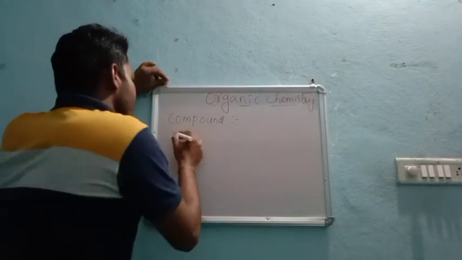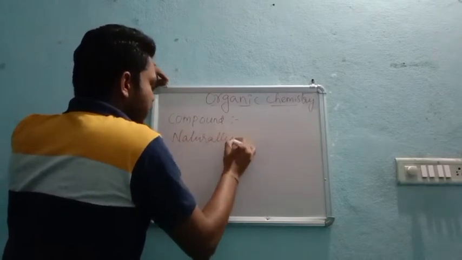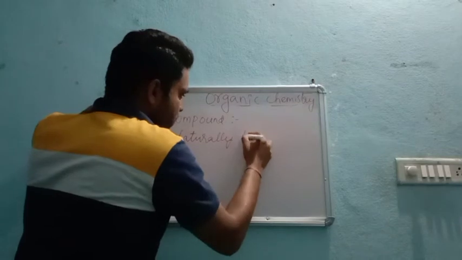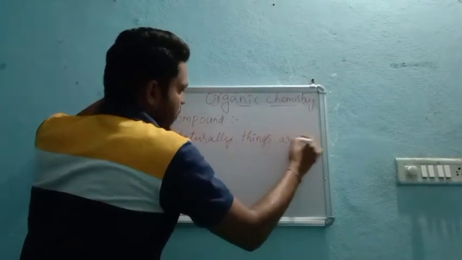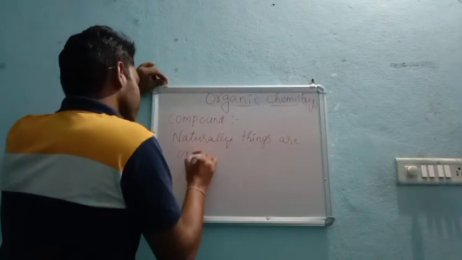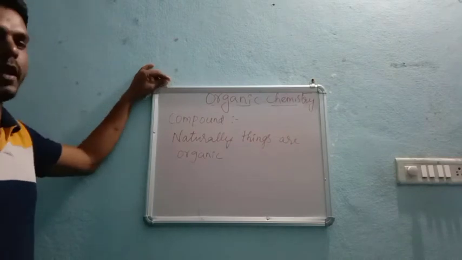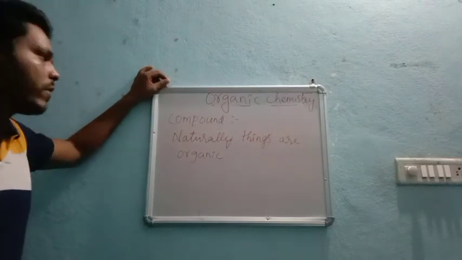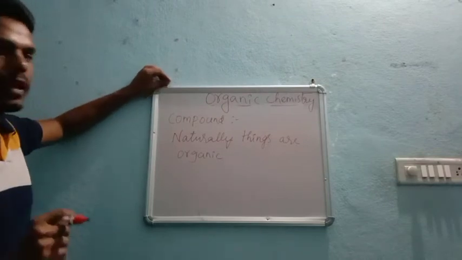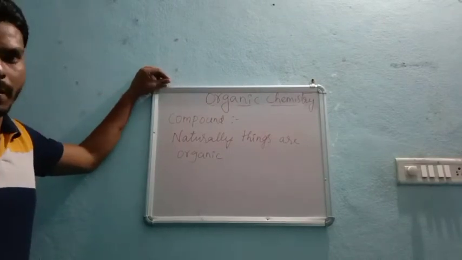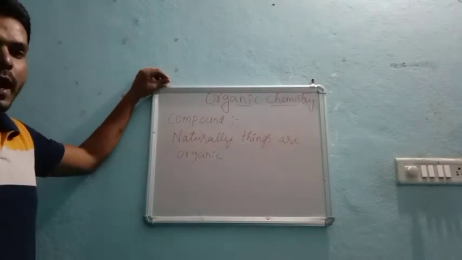All the naturally occurring things are organic. Right? Whatever we get in nature, almost 90% of things are organic only. That means what do they consist of? They consist of carbon.